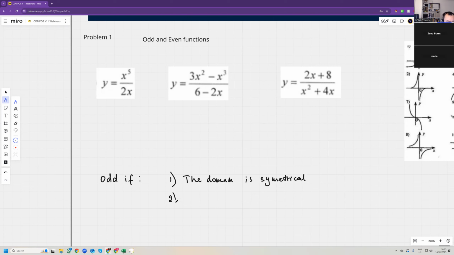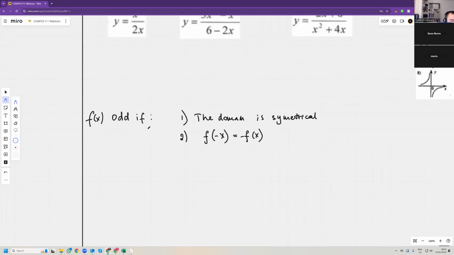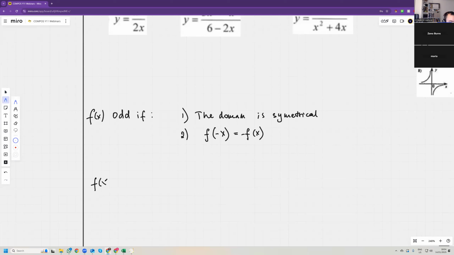And secondly, f of minus x is equal to minus f of x. So f of x is odd. f of x is even if a similar statement holds.